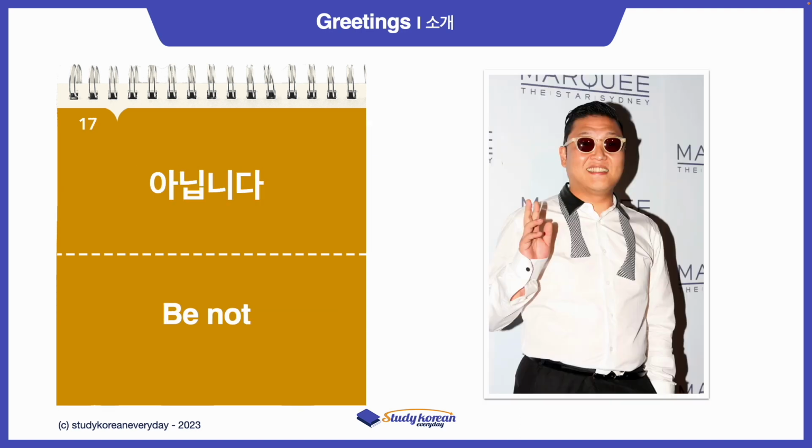What if somebody confused and ask wrong name to you? Then you need to say, no, I am not. No, it's not. So, 아닙니다 means be not, or am not, is not. 아닙니다.